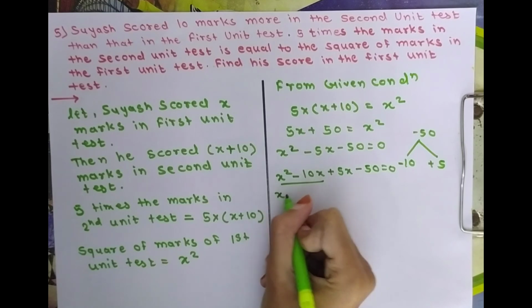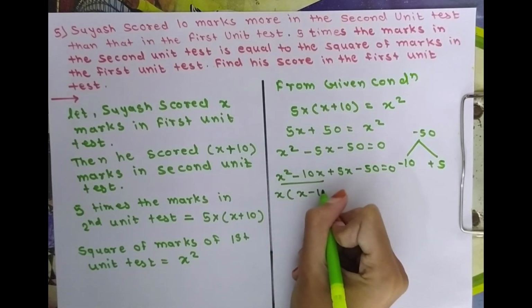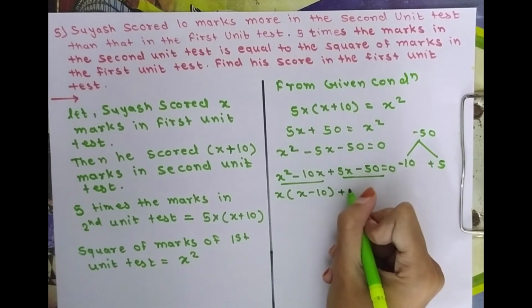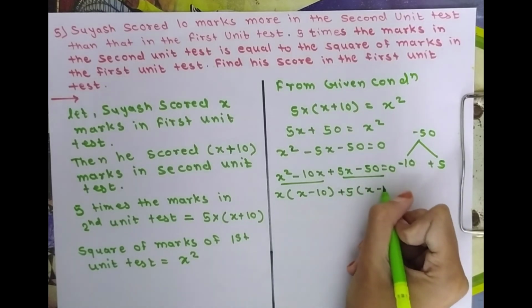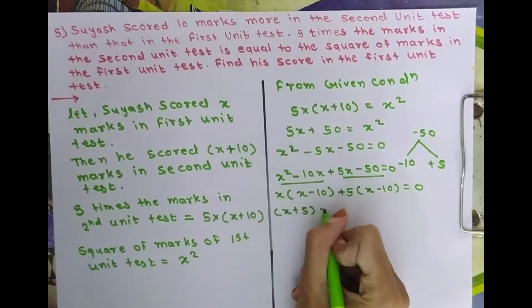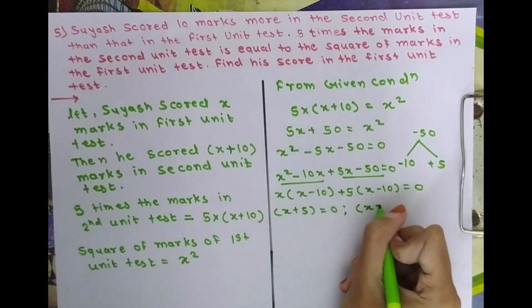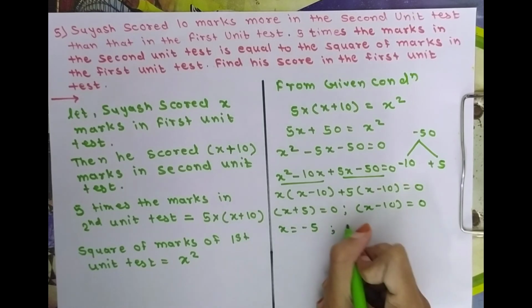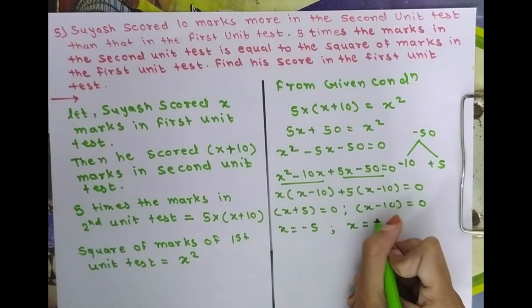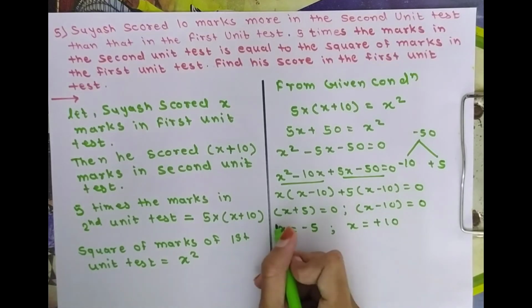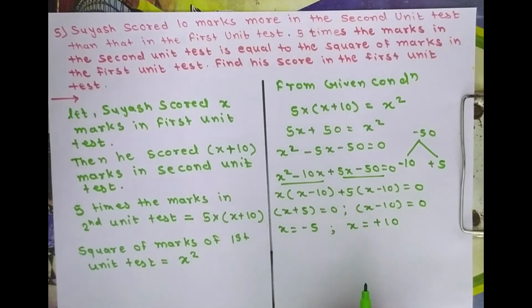So from these two, x is common, x minus 10, and from these two plus 5 is common and x minus 10 is equal to 0. So x plus 5 is equal to 0 and x minus 10 is equal to 0. So x is equal to minus 5 and x is equal to plus 10. So x is equal to minus 5 is not possible. Minus 5 marks is not possible.